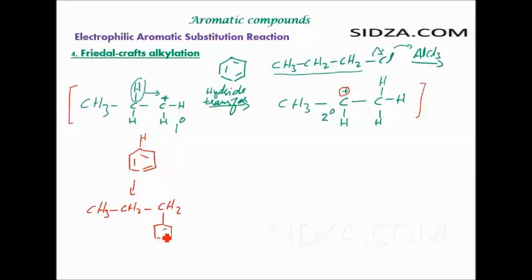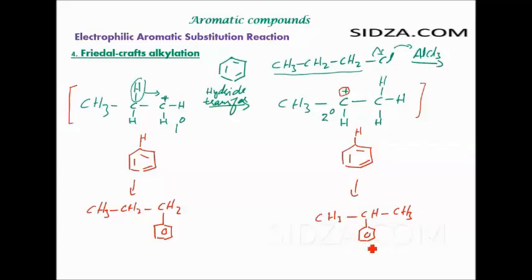So this is the propyl group attached here. But when the secondary carbocation attacks the benzene ring, the product will be CH3, CH, benzene ring, and then the CH3.